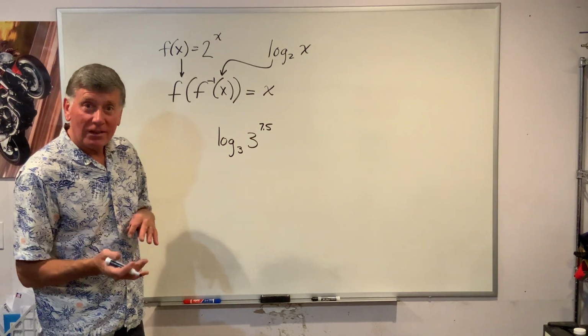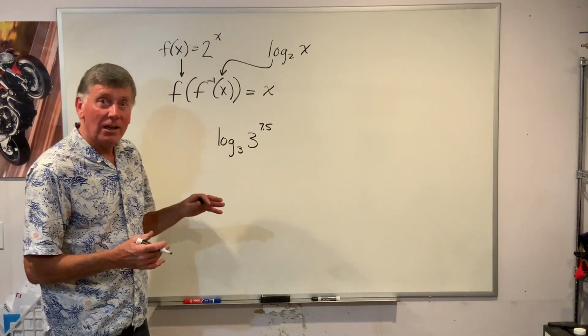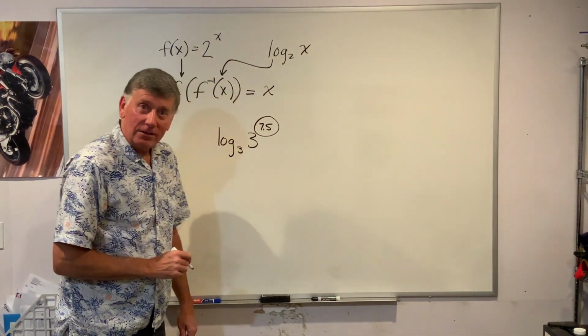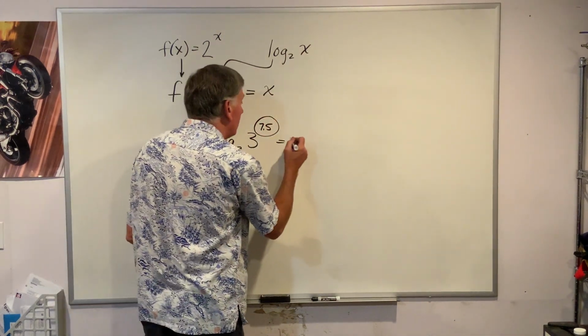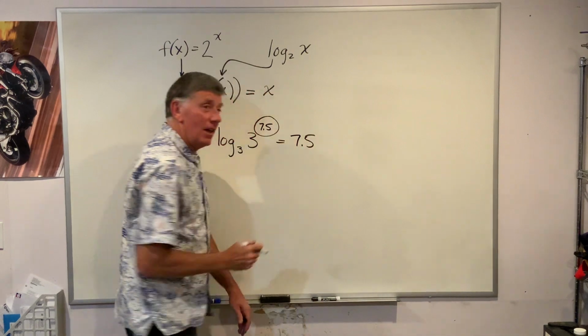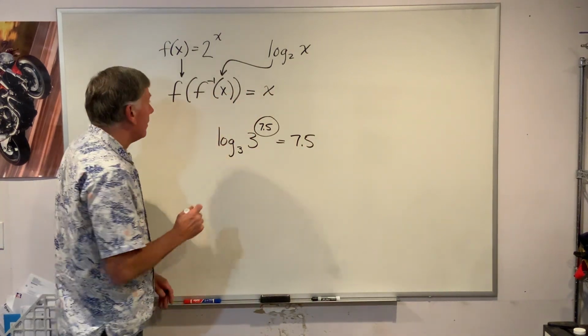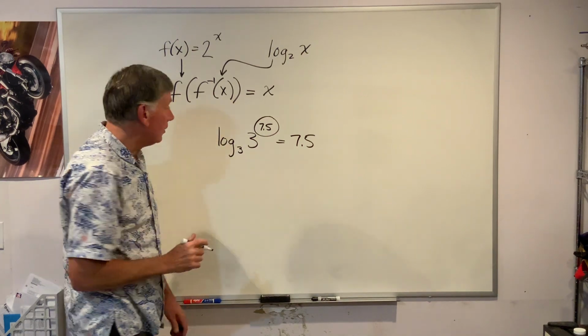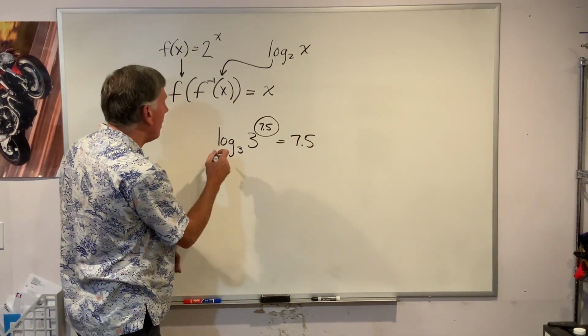I'm basically doing the inverse of the function, and I'm going to get that for my answer. It is simply 7.5. The reason is I am taking f of the inverse function. Actually, I'm going the opposite way.